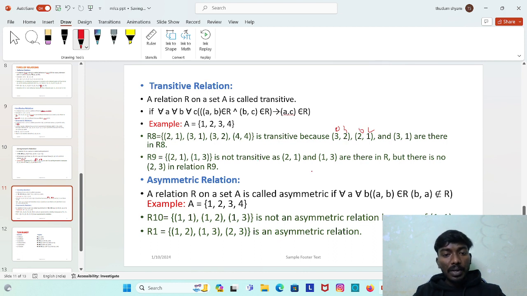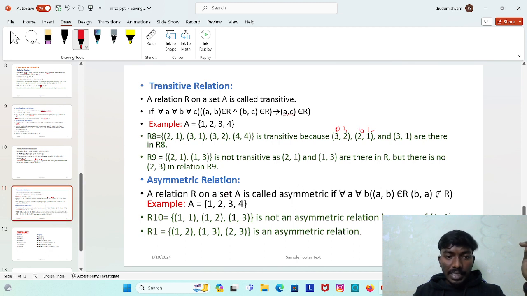It is not transitive because there is 2 comma 1 and 1 comma 3, which is a comma b and b comma c, so there should be 2 comma 3. Here the 2 comma 3 pair is not present, and that's why it is not a transitive relation.